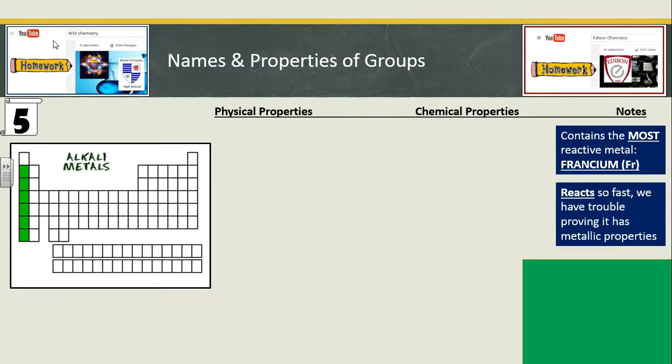All right, notes. They contain the most reactive metal, which is francium, which is in the lower left-hand corner. Did I do that right for you? The lower left-hand corner is francium. Reacts so fast we have trouble proving it has metallic properties. I don't know that anybody actually has a francium sample.